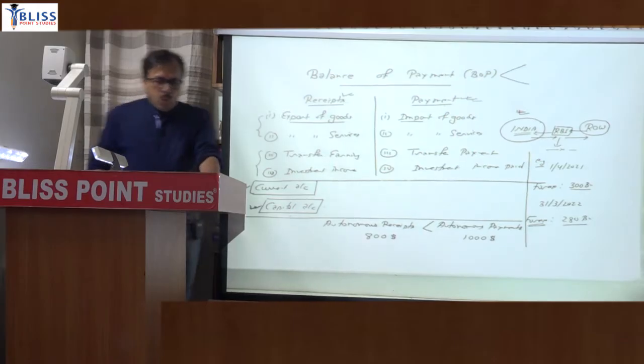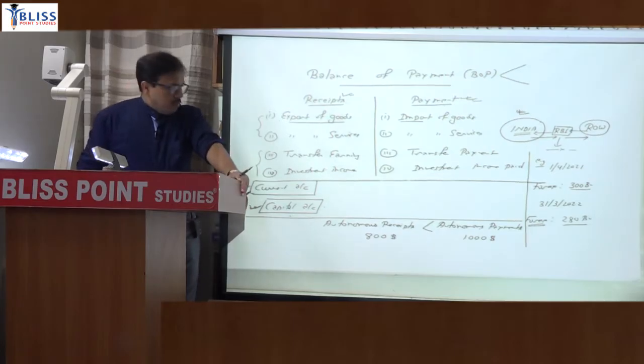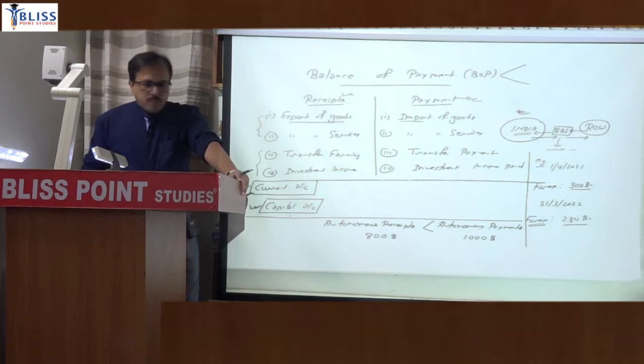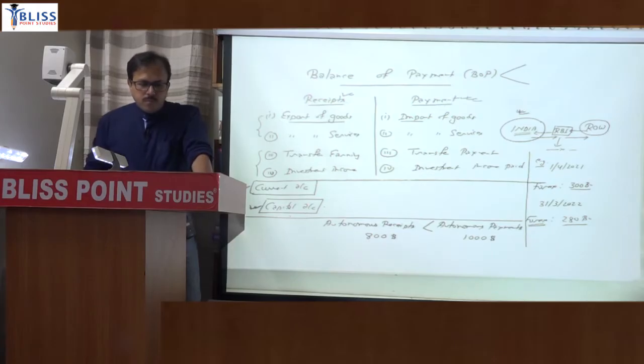Next paragraph. There are two main accounts in BOP. First, current account, and second, capital account. Current account records trade in goods and services, as well as transfer payment and investment income.